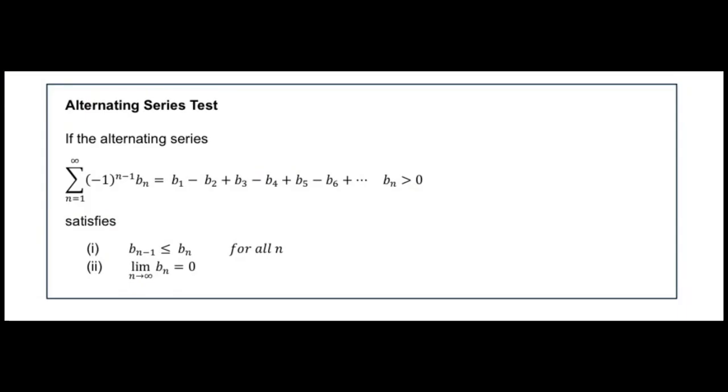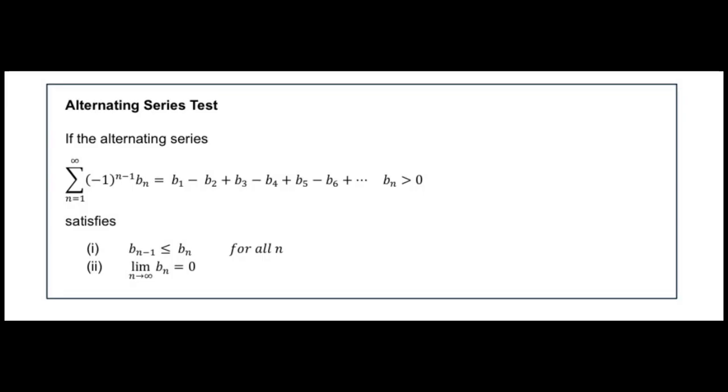Now, for this series to converge, it must satisfy two important conditions. The first condition is that the terms must approach zero as n goes to infinity. That is, the limit of b sub n as n approaches infinity must be equal to 0.